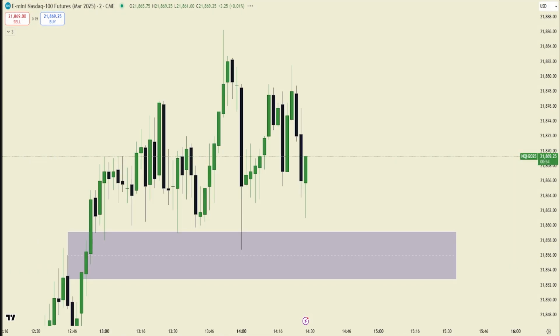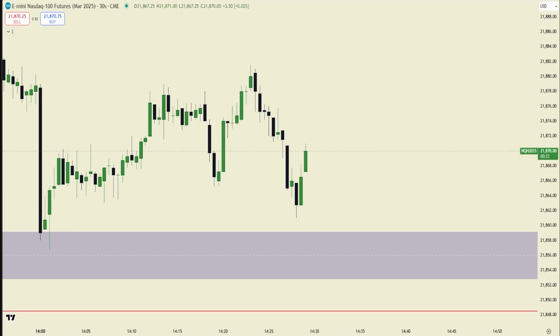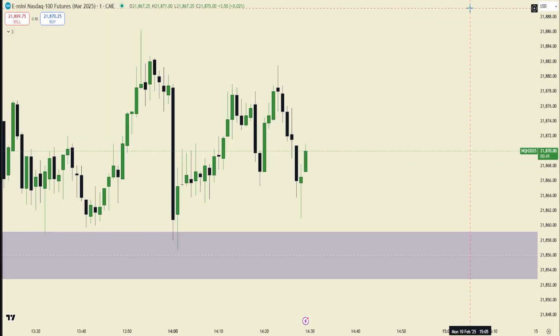Still nothing for me to say here, really. Looks like it might have just been a short-term retrace.